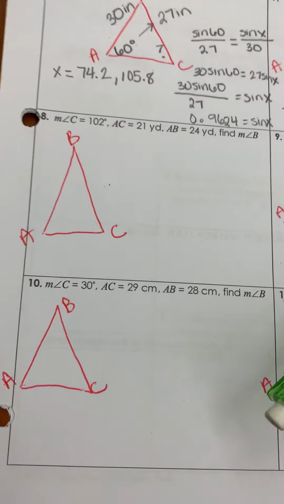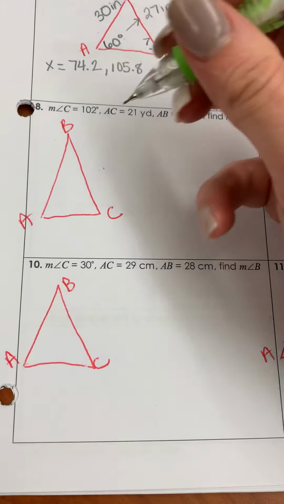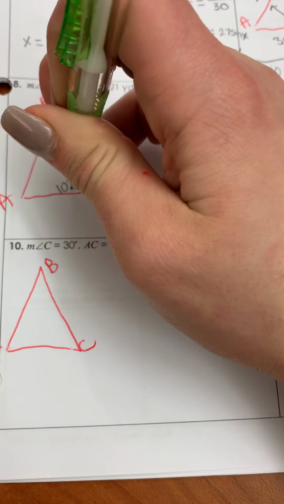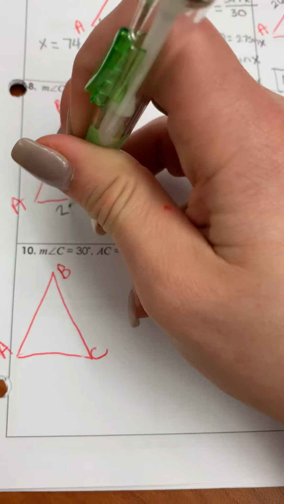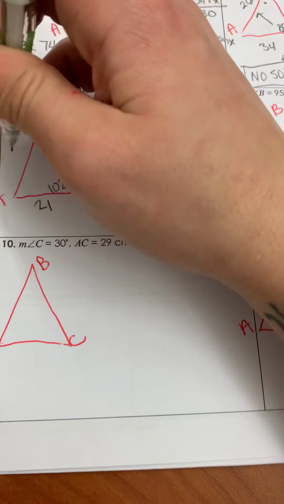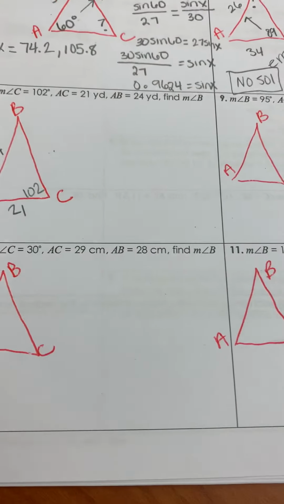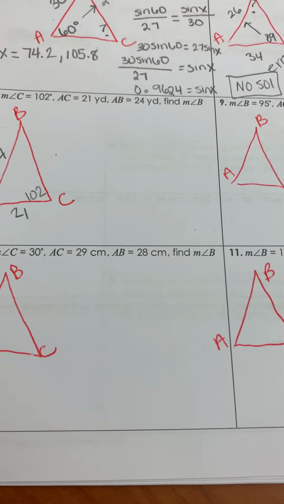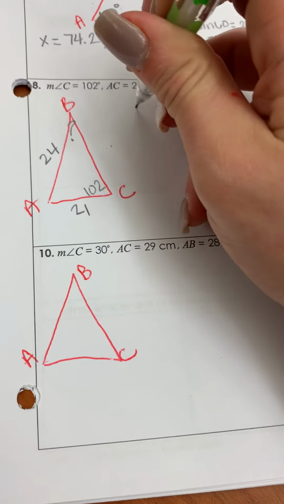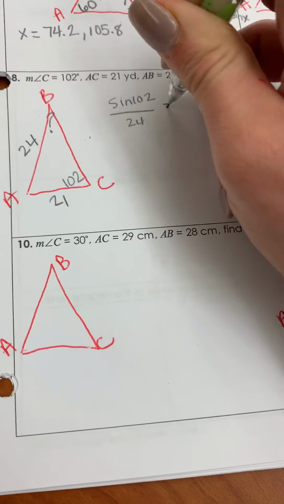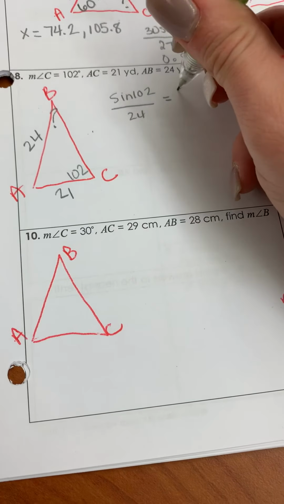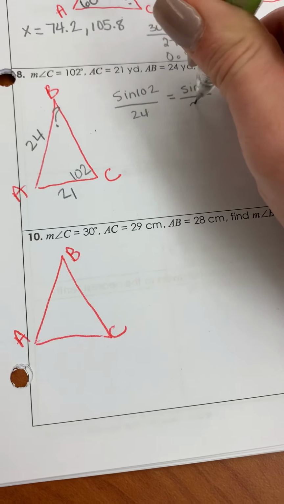That's okay. All right, so number 8 says the measure of angle C is 102, AC is 21, AB is 24, and the measure of angle B is what we want to know. So we're going to set up our ratio. The sine of 102 over 24 equals sine of x over 21.